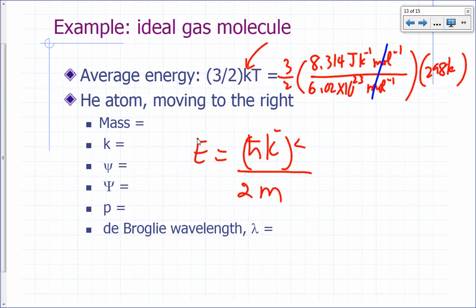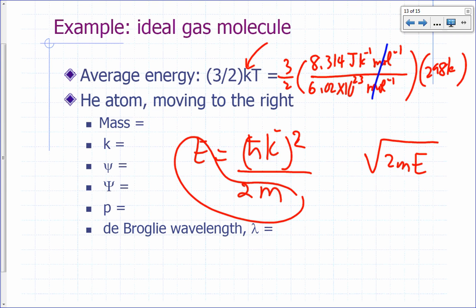So 2m times E, square root of 2mE is equal to h bar K. That's your momentum. And K is just square root of 2mE over h bar.